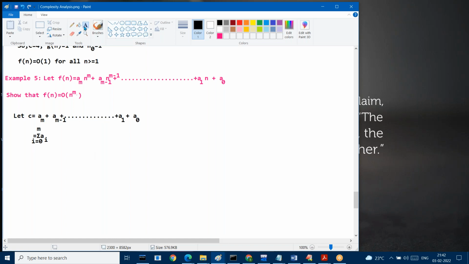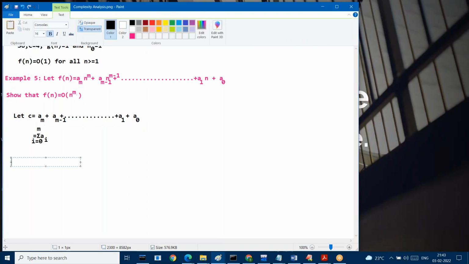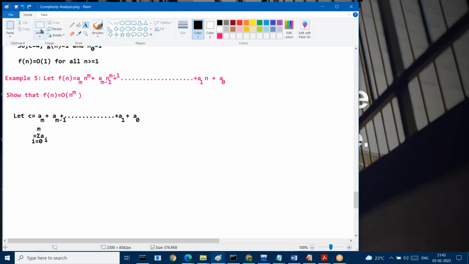Now, let me write this thing first, then I will tell you how it is happening. I'm taking this am, which is a constant term. I'm taking this constant term.